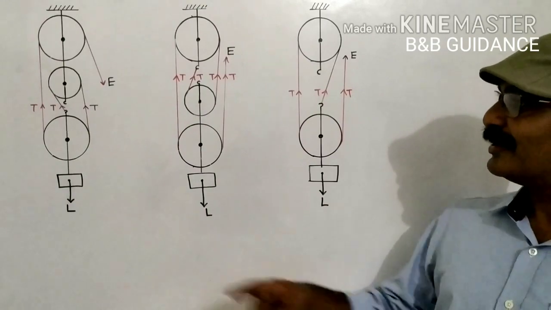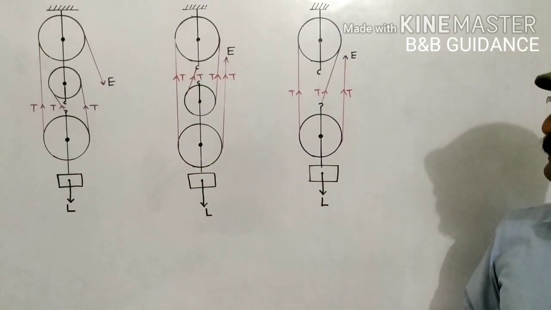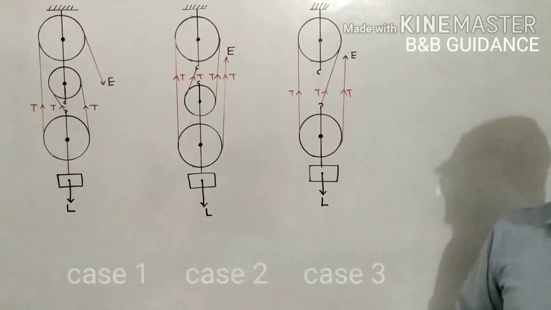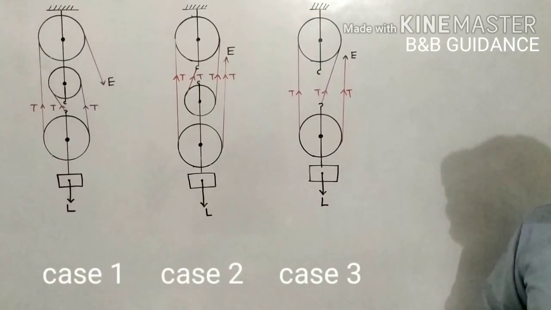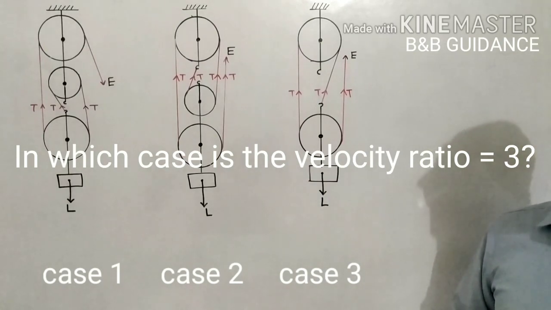Well, now look at the diagrams of block and tackle systems I have drawn. This is first case, second case, third case. In which case is velocity ratio equal to 3?